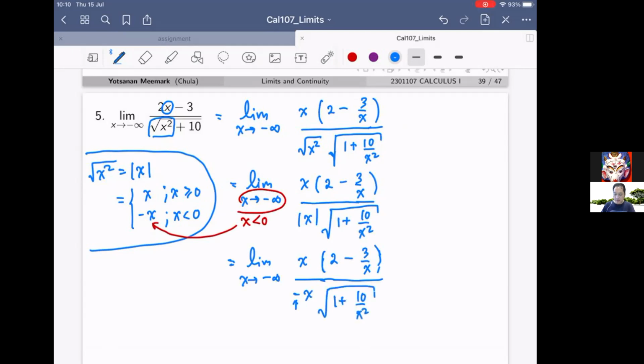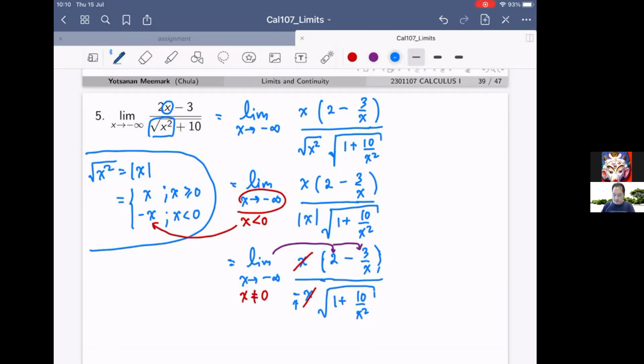Now your x and negative x can cancel, because again your x is not going to be 0, and the limit can apply to each term right now.